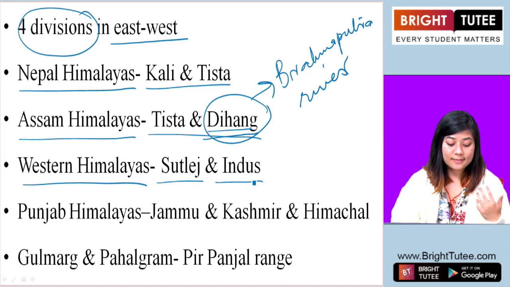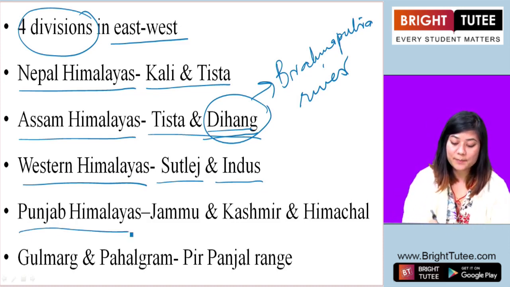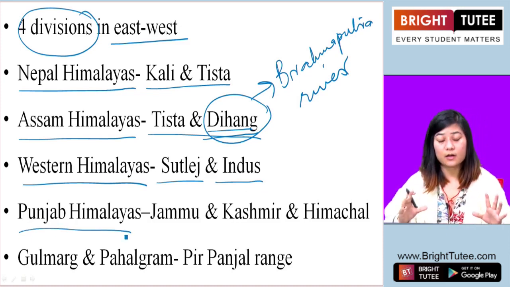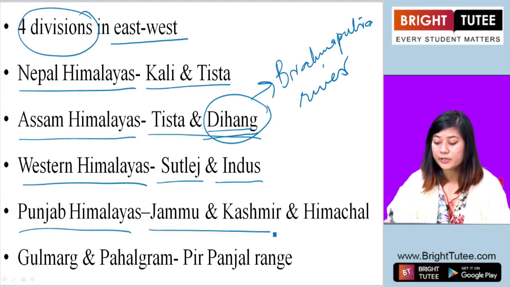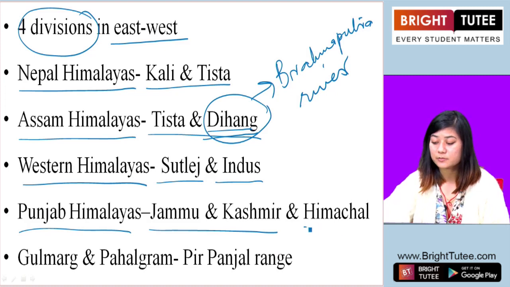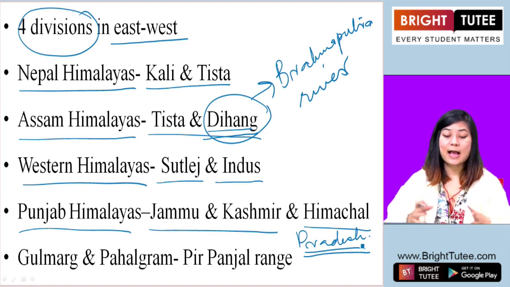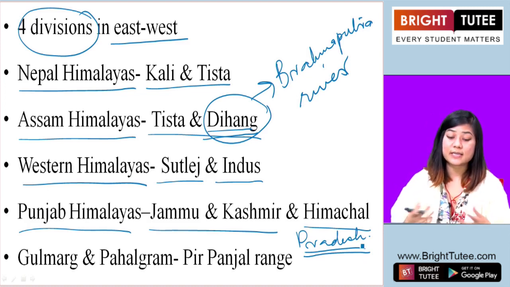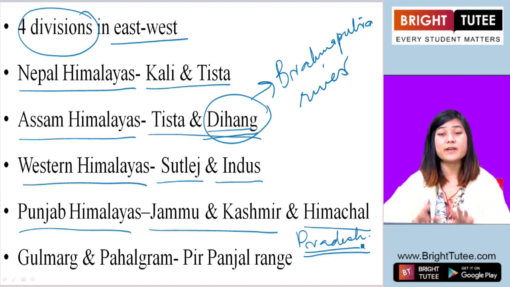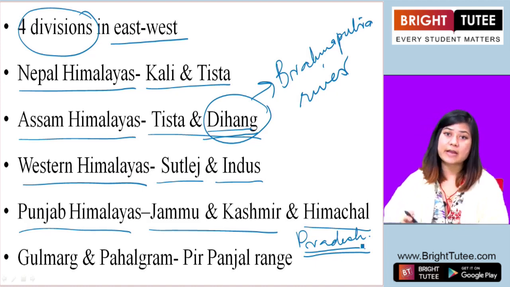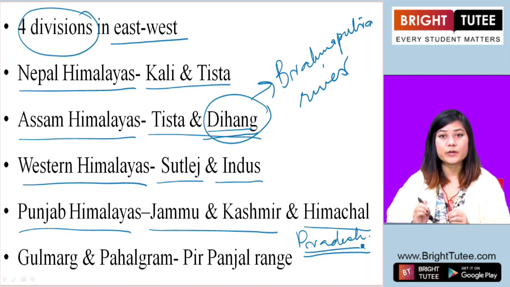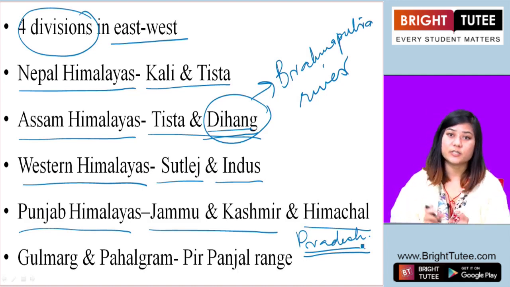And the fourth one is the Punjab Himalayas. This range covers the state of Jammu and Kashmir and Himachal Pradesh. Okay, so this is how we can also divide the Himalayan range according to where they are located, which area of South Asia they occupy, and also according to what rivers border them.